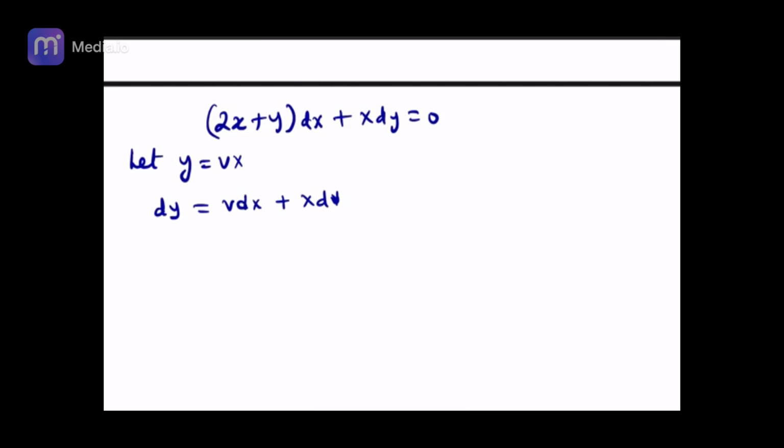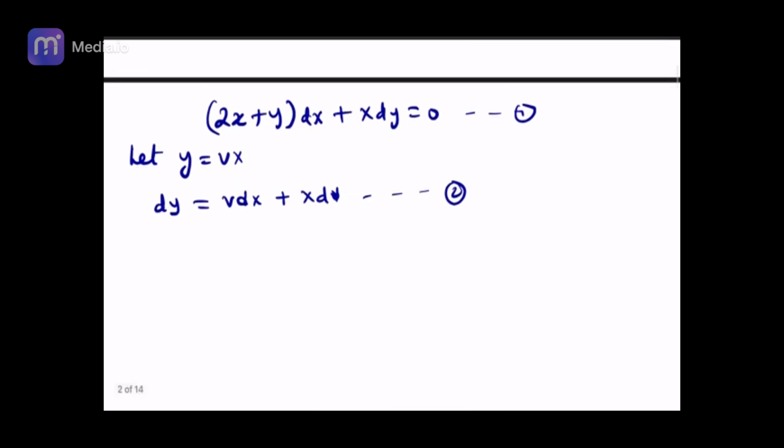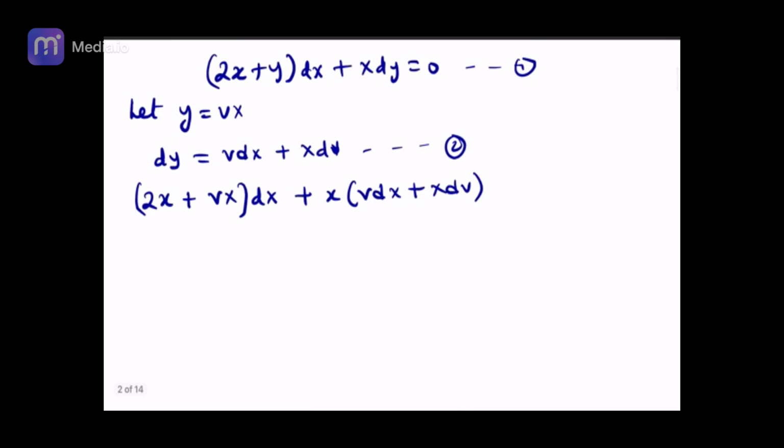So we can now substitute this (2) into (1), so that we have (2x + vx)dx + x(v dx + x dv). When we bring out x from here, we have x(2 + v)dx + x(v dx + x dv).